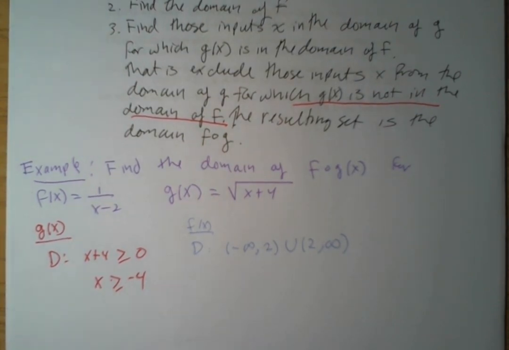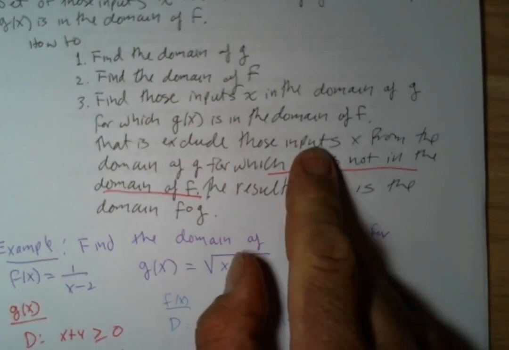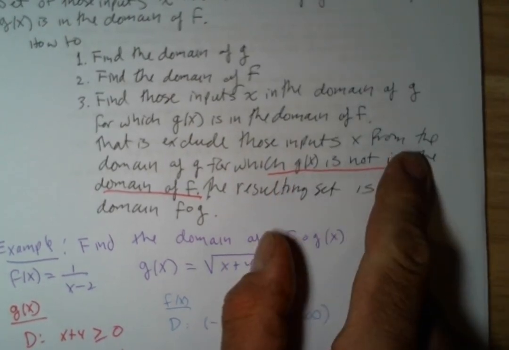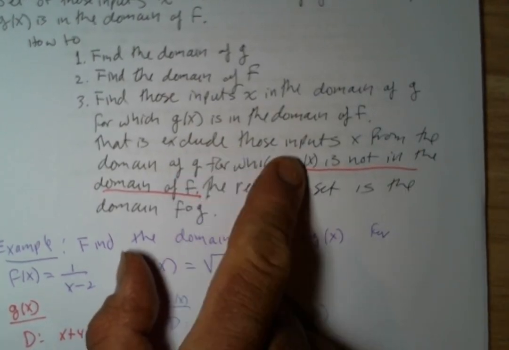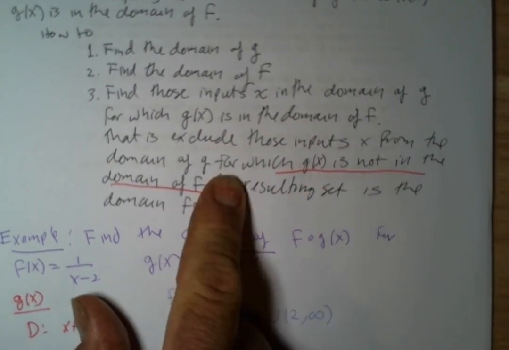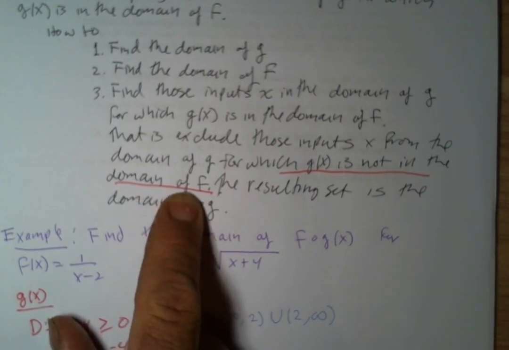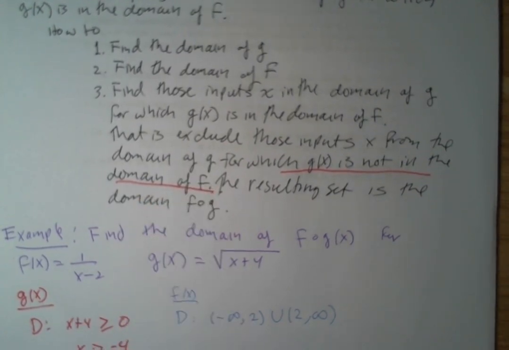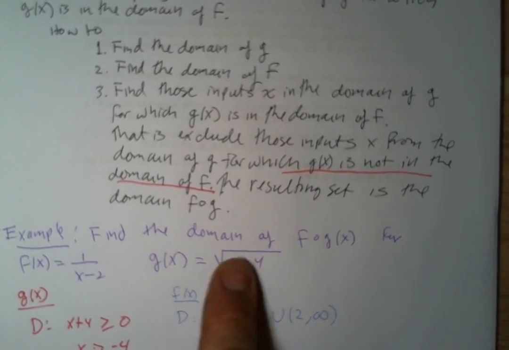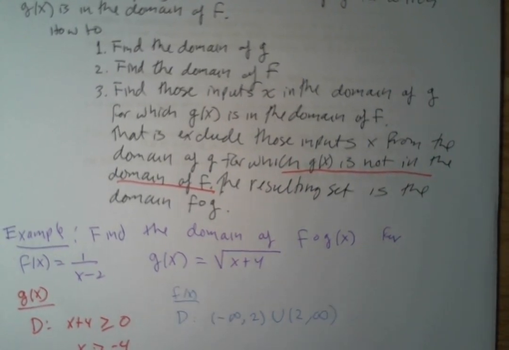All right, so now let's take a look at the second part, what to do next. That is, exclude those inputs x from the domain of g for which g of x is not in the domain of f. In other words, here we have the domain, the inputs of the inner function.